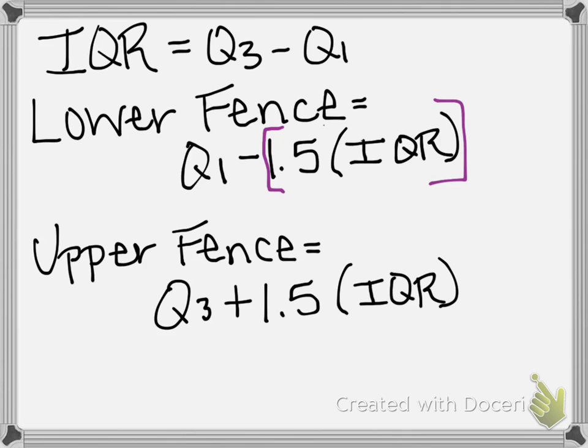Then our upper fence is our third quartile plus 1.5 times the IQR. And again, make sure you do that multiplication piece first, then you can go back and do the addition. This is what's going to tell us whether we have outliers or not. We're going to label the values that we get from these as these temporary brackets that we're going to look at for outliers.